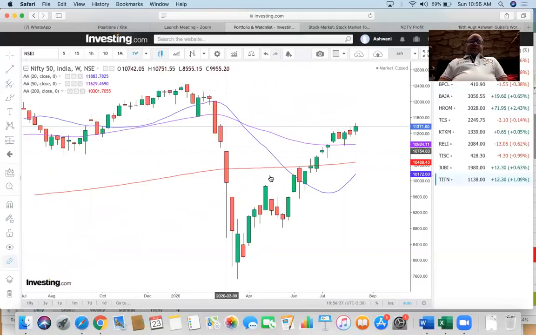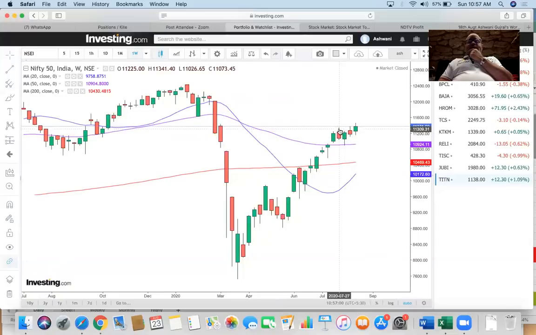Let's go to the weekly chart. Now, weekly chart for the last 4 weeks, we have been doing some sort of a consolidation, and slowly we are pushing on the upside. Now, what is the boundary of this consolidation? The low of this bar here is about 11,057.